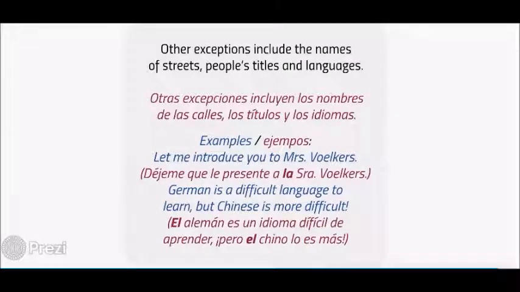Other exceptions include the names of streets, people's titles, and languages. Examples: let me introduce you to Mrs. Volkers. German is a difficult language to learn, but Chinese is more difficult.